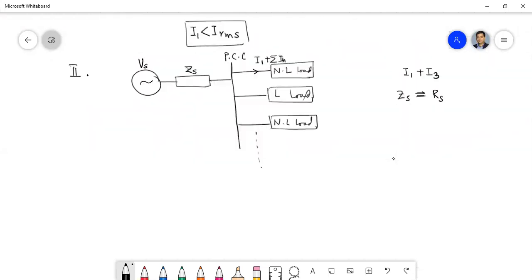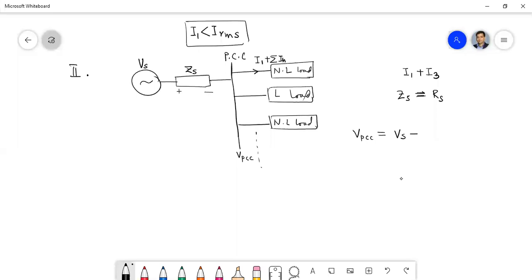So if this is the case, then this VPCC, voltage of the point of common coupling or bus voltage, whatever you call it, what will be the value of that? Can you tell me? Let me take this VPCC as Vs minus the drop. What is this voltage drop for this particular case?